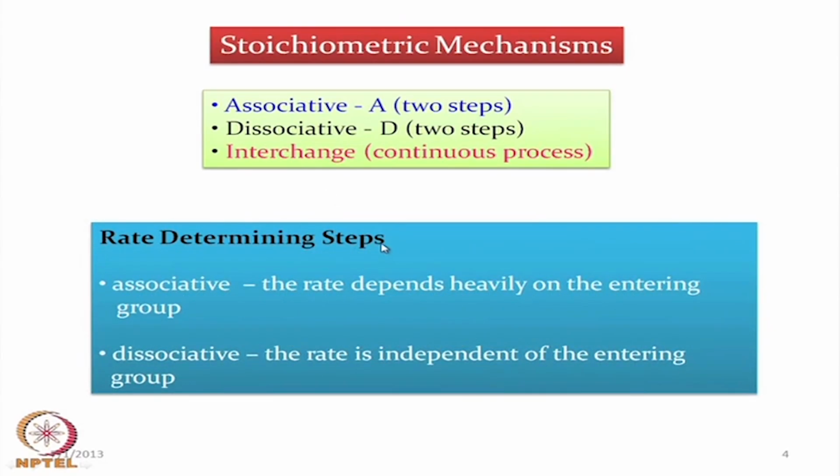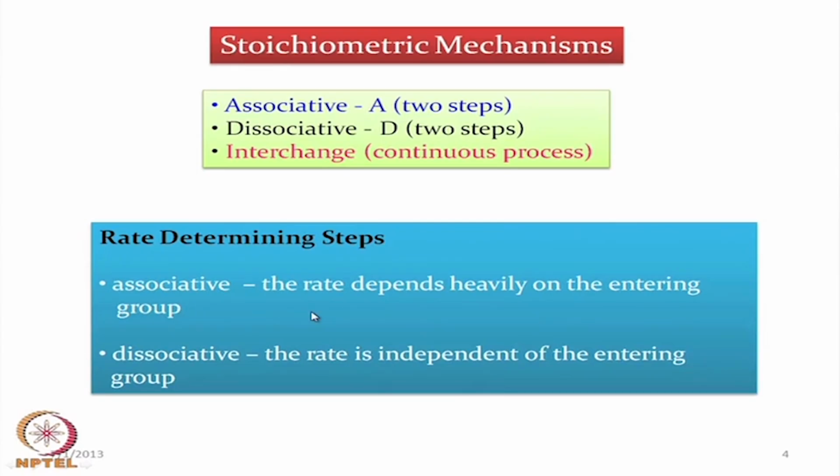So, the rate determining steps are very important, and we can find out from the rate law. In case of associative mechanism, the rate depends heavily on the entering group. The group which is entering is dependent on that particular concentration. That means when we go for the two ligands, the ligand which is coming up is being associated to the metal complex giving a coordinated intermediate, or after dissociation it is coming and attaching to the metal center.